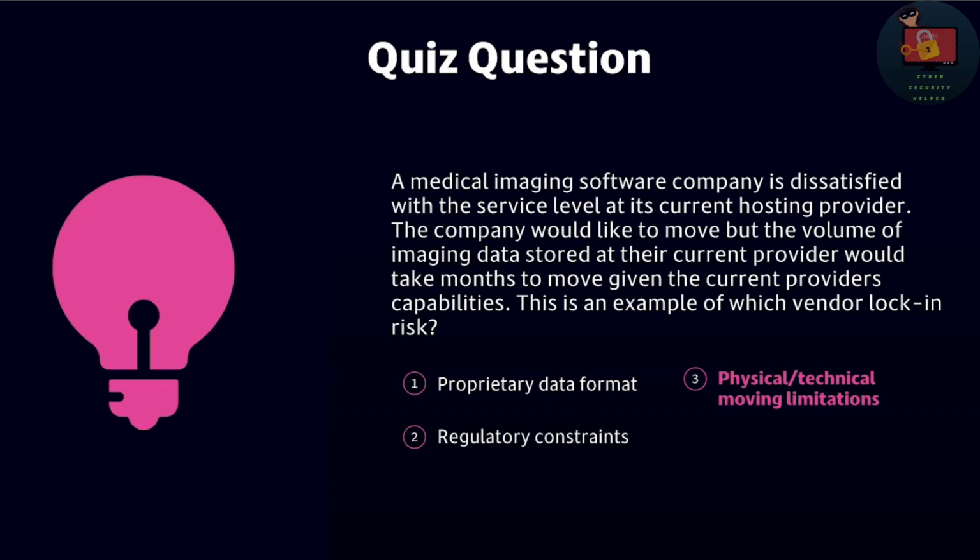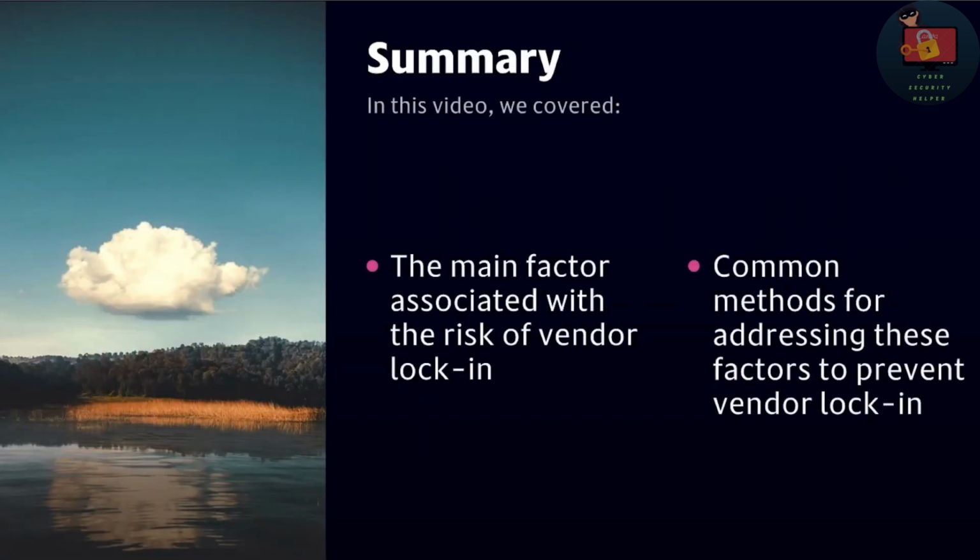All right, in this video, we talked about the main factors associated with the risk of vendor lock-in, namely proprietary data formats and technical and physical limitations on moving data in and out of the cloud. And we talked about the primary methods for addressing these factors.